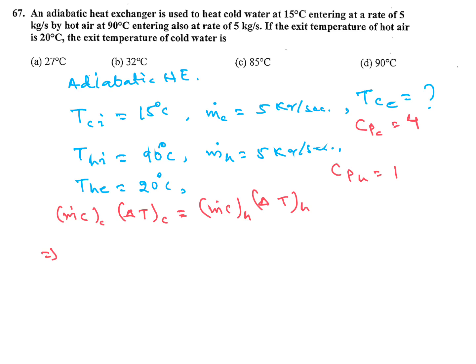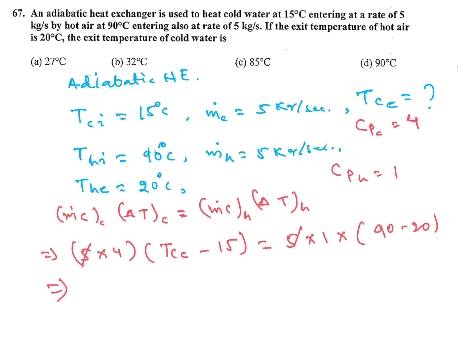So here 5 into 4, delta T cold is Tc minus 15. Here 5 into Cp of hot air is 1.005, take 1, into 90 minus 20. 5 cancels. 4 into exit temperature of cold fluid.